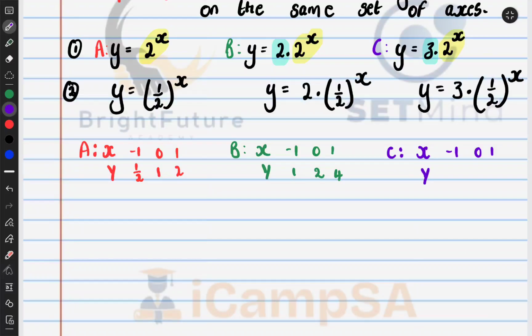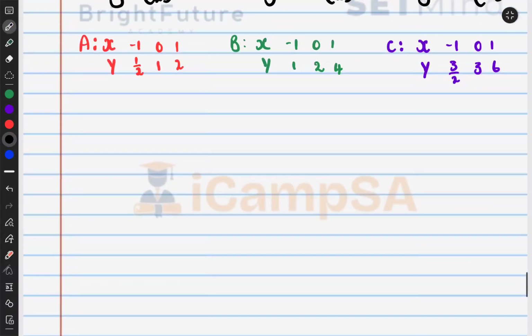Where x is -1 for the third function, we're going to have 3/2. Then 2 to the power of 0 is 1, times 3 is 3, and 2 to the power of 1 is 2, times 3 is 6. There we have the 3 points.